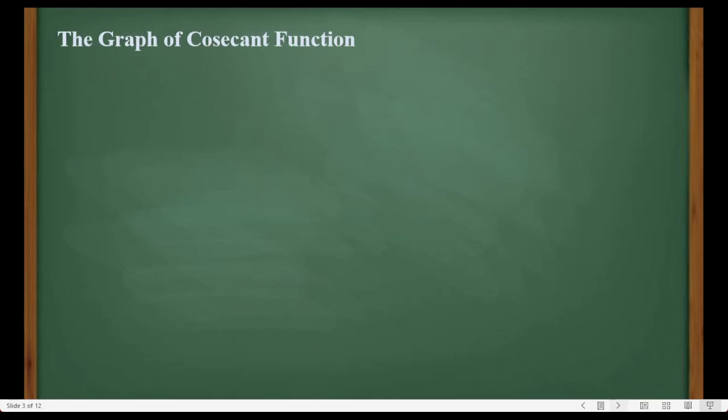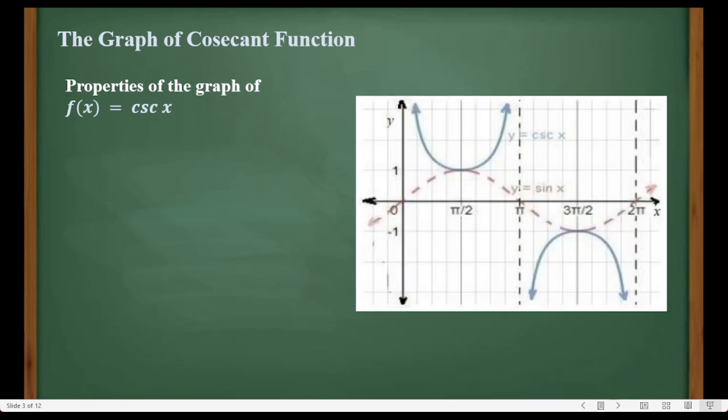Now let us consider the graph of the cosecant function. Let us consider the properties and the illustration. For the graph of f of x equals cosecant of x, the period is equal to 2 pi.